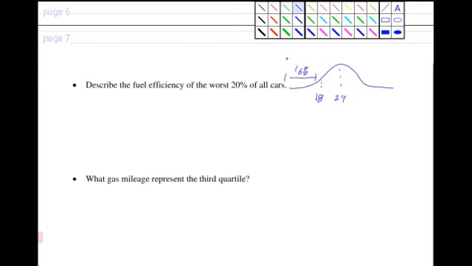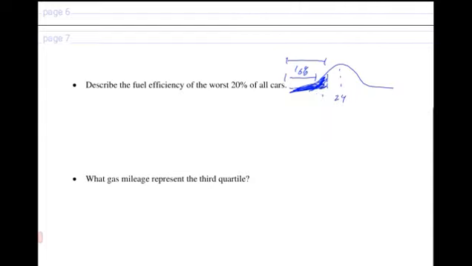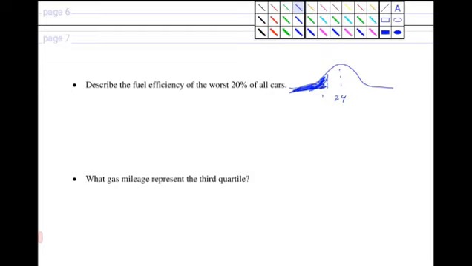So 20% has to be a little bit before that. So roughly like there. And then we color in. This is 20%. We don't know what that z-score is.